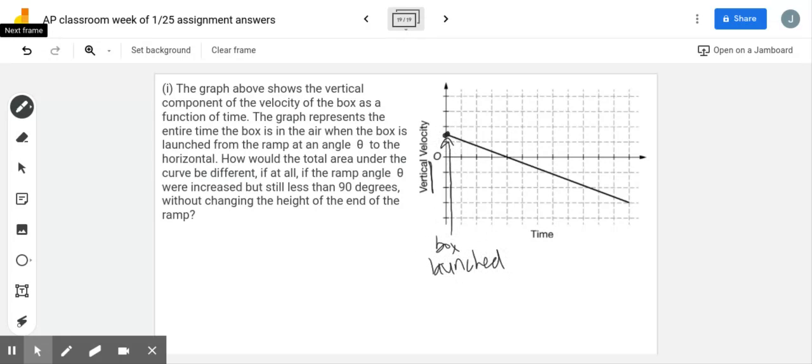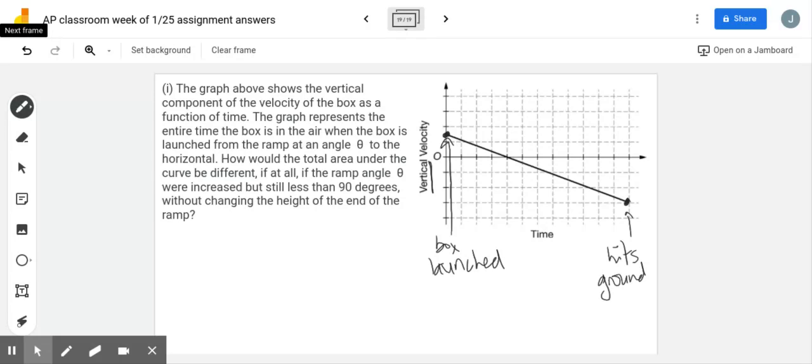And then here is going to be when it hits the ground. So this is from when it's launched from the ramp at an angle theta to the horizontal. How would the total area under the curve be different, if at all, if the ramp angle theta were increased, but still less than 90 degrees, without changing the height at the end of the ramp?